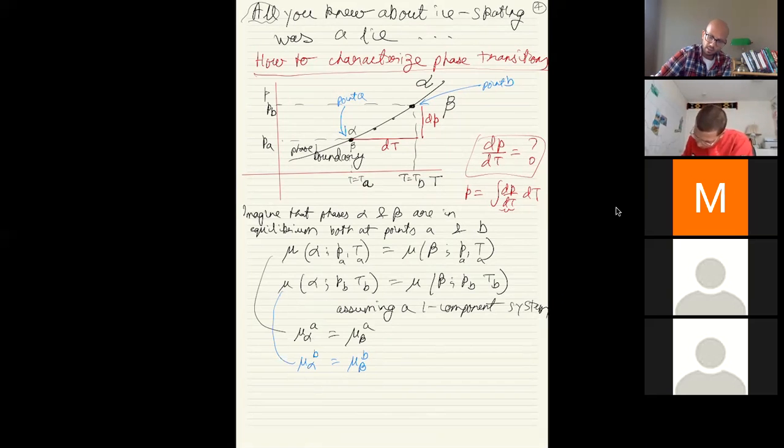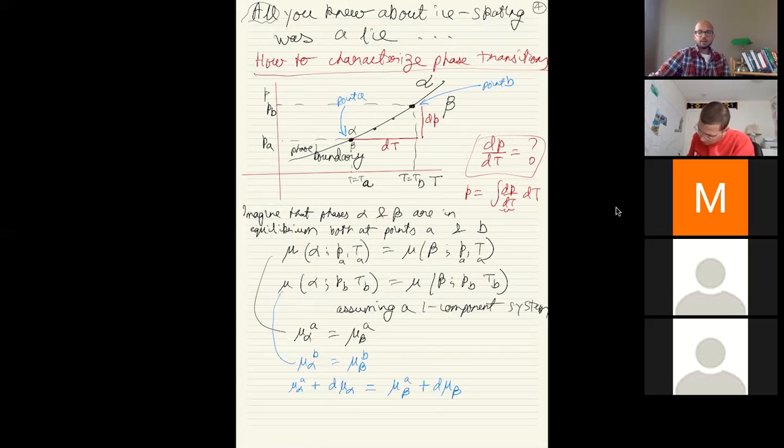So let's try to think about this second one as some change in the chemical potential of phase alpha relative to point A, and some change in the chemical potential of phase beta also relative to point A, right?